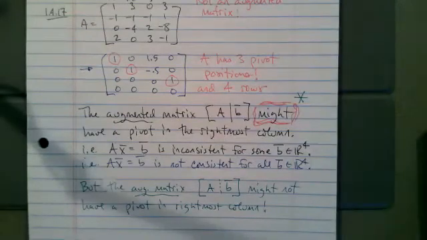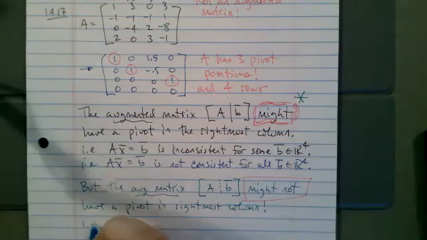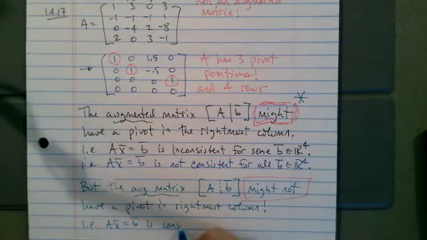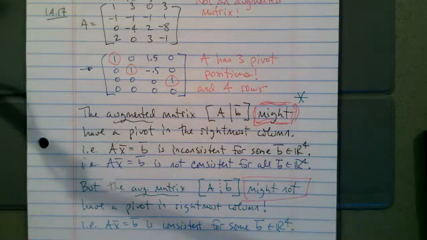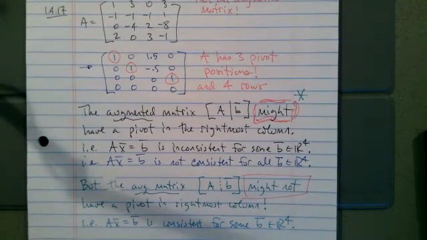Therefore, AX equals B is consistent for some B in R4, and inconsistent for other B in R4. We have to be really careful about when we say things for some and when we negate things for all.